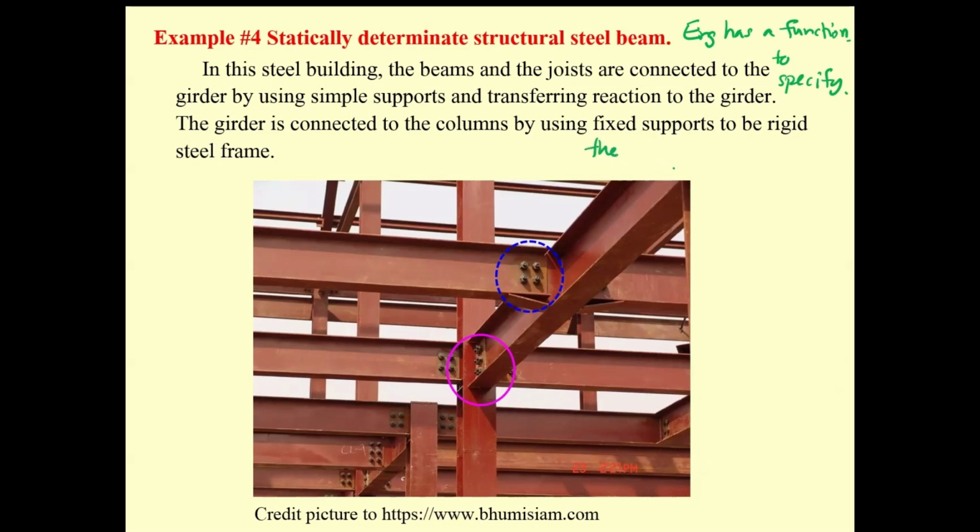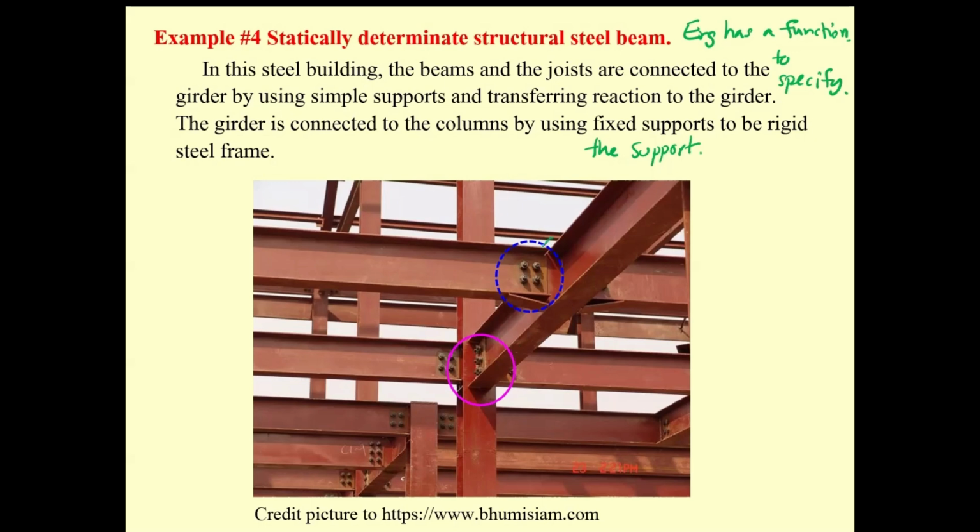We recall from the previous lecture, again, how to determine the determinacy and stability. And then the other one, the degree of indeterminacy can be changed with the type of support, right? When we specify the support, we have to provide the detail of the construction of it.